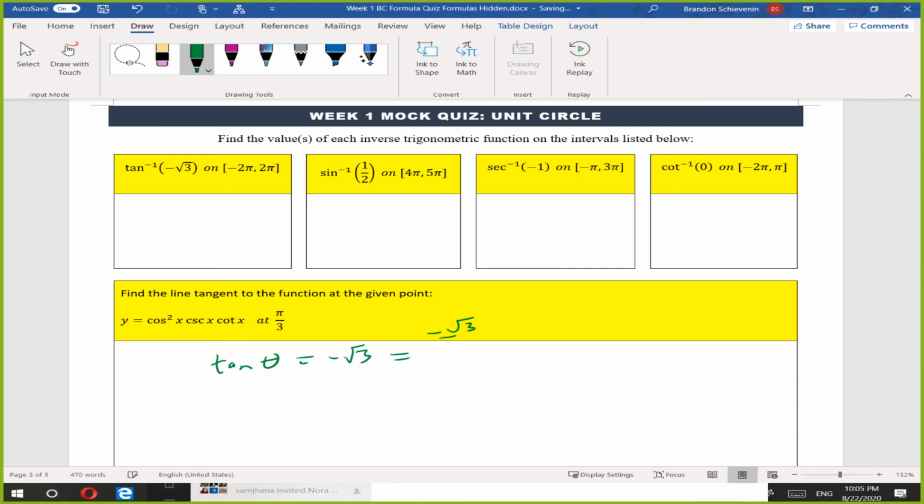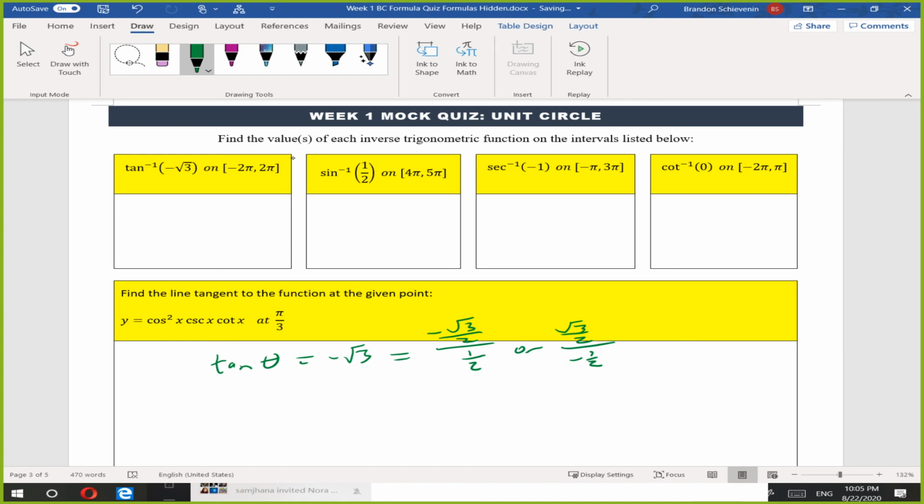For unit circle values, that would be -√3 over 2 divided by 1/2, or positive √3 over 2 divided by -1/2. So I'm looking for places where sine is equal to -√3 over 2, or sine is equal to positive √3 over 2, and our signs are different.